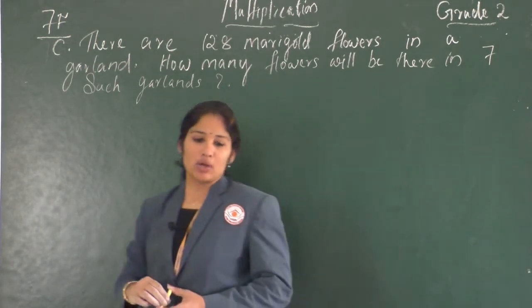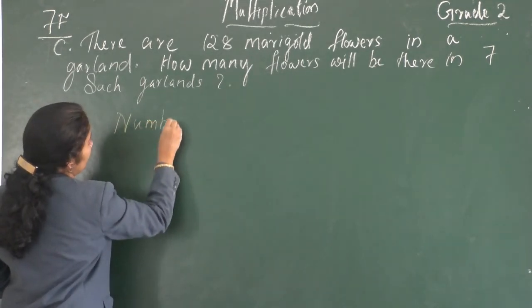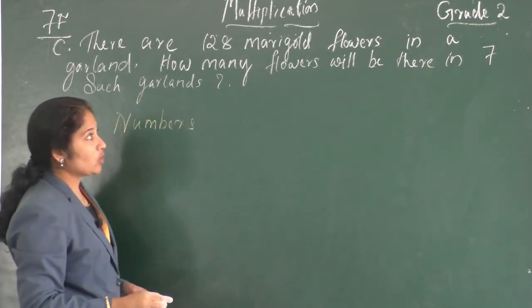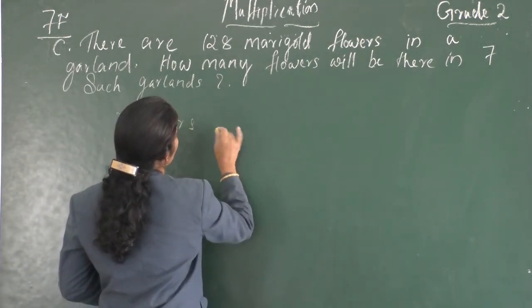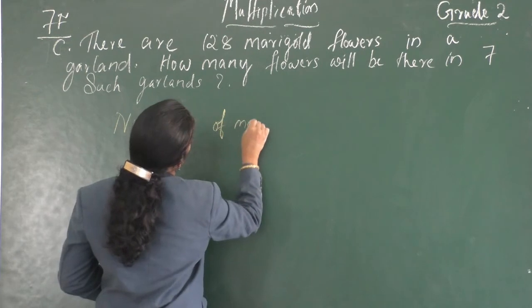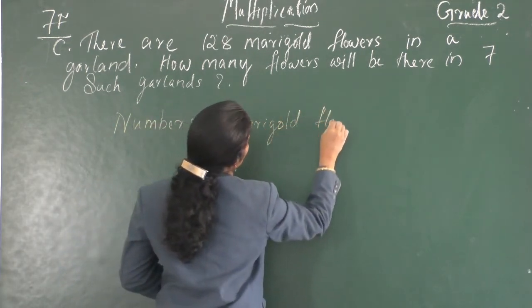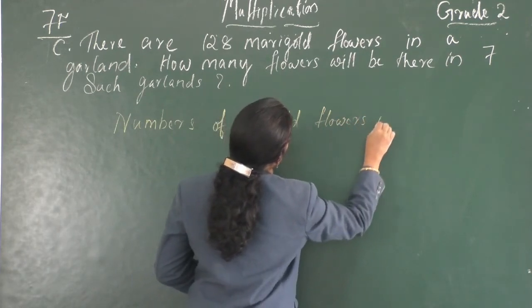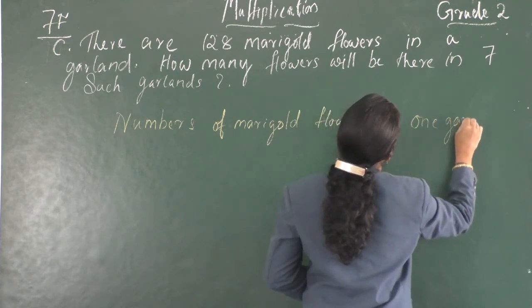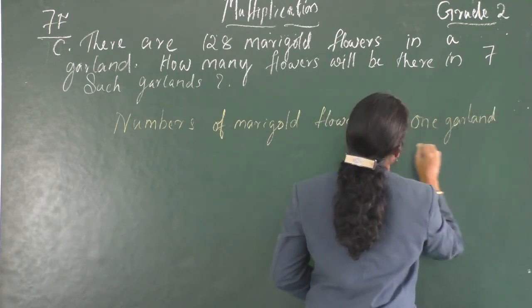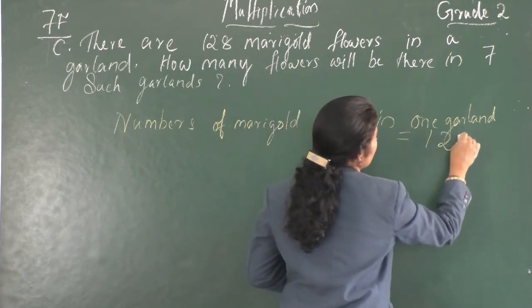So, the number of marigold flowers in one garland is equal to 128.